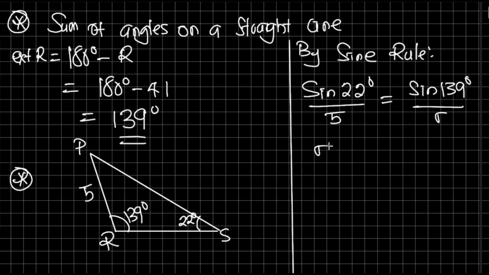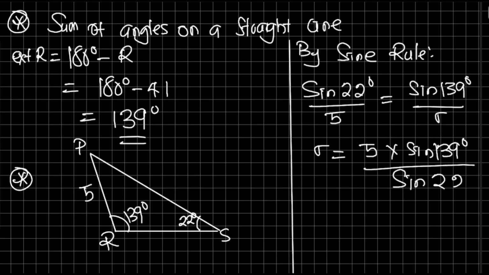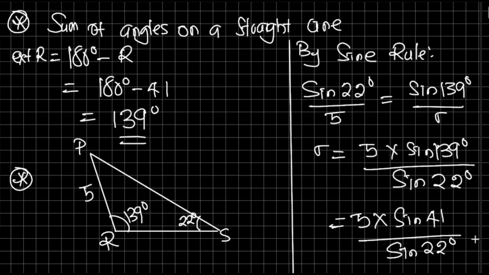If we cross multiply, we have r equals 5 times sine 139 degrees all over sine 22 degrees. Of course, sine 139 is in the second quadrant, so that would be 5 times sine 41 all over sine 22 degrees, since 180 minus 139 is 41.